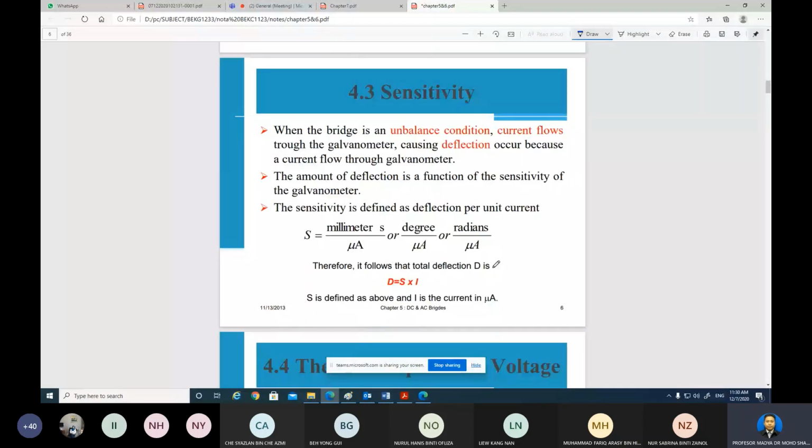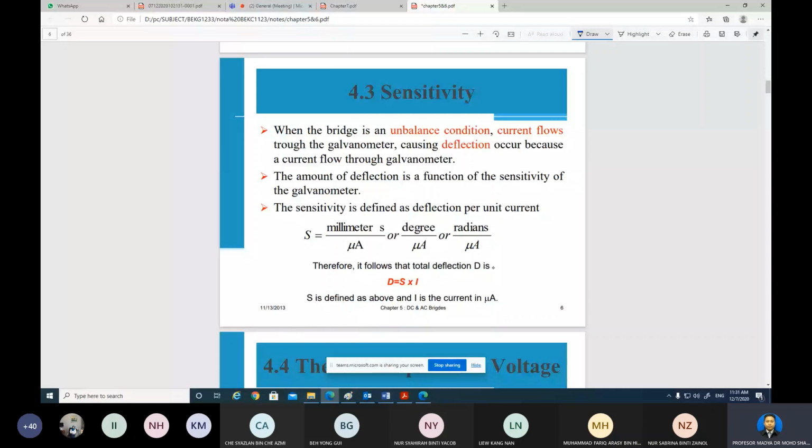All right, sensitivity. When the bridge is in an unbalanced condition, that means one of the resistors is not the same, so our circuit will be unbalanced. Current will flow through the galvanometer and cause a deflection. The amount of deflection is a function of the sensitivity of the galvanometer.